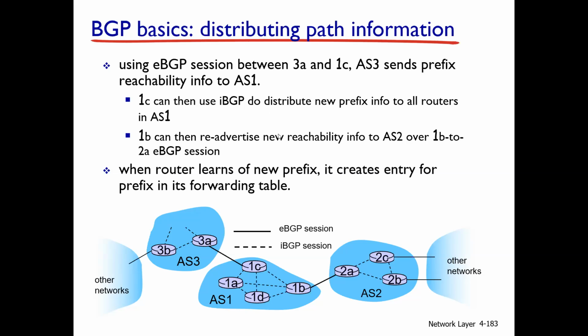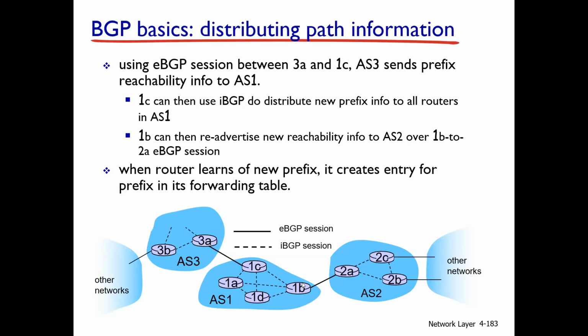Right. So any questions over here? This is how you conveyed AS3's reachability information to 1C through an external BGP session, which is then propagated internally to all interior routers of this AS, including this border router over here, which is 1B. So 1B then knows that it can get to AS3 and all these other networks beyond AS3 through this particular border router.